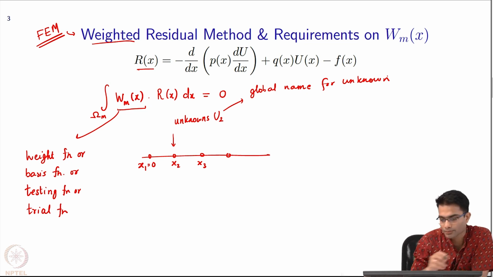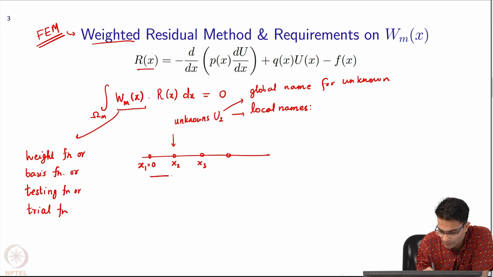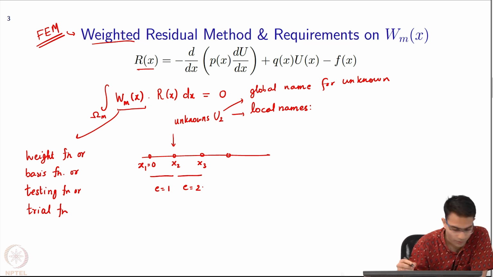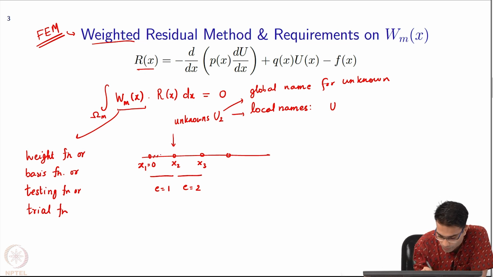Now in terms of local names, what can I call it? Local names. So for example, if this is E is equal to 1, this is E is equal to 2, okay. So I will call this over here U. So I am referring to this segment or this segment, right?